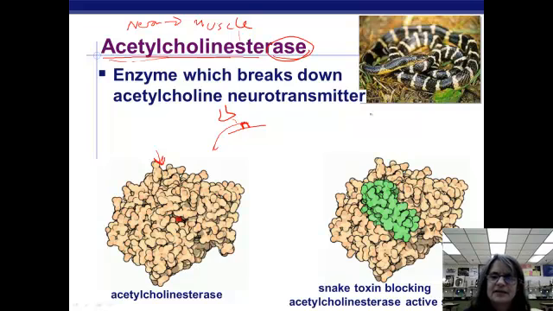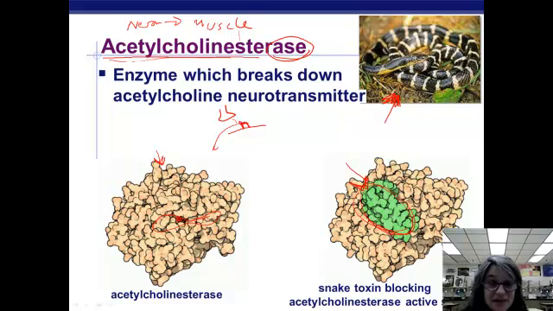But snakes, for example, and there's lots of things that can do this, can produce something called a neurotoxin that is able to bind into the active site of this enzyme. And this is showing you snake toxin binding into that active site. Well, if something is bound into the active site of that enzyme, then it can't do its job.